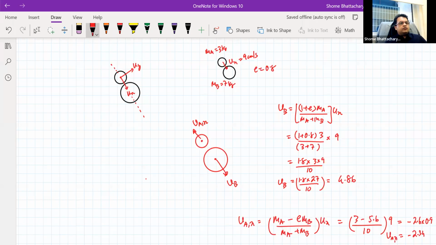Okay. And of course, what will happen is along with this, there will be this component of this, which will remain conserved. Because there's no impulse that acts along that direction, so that will remain 12.